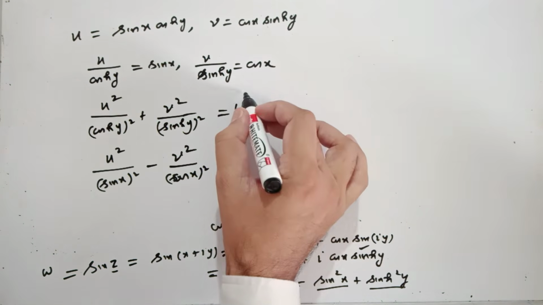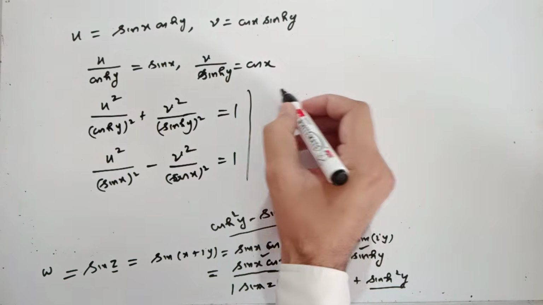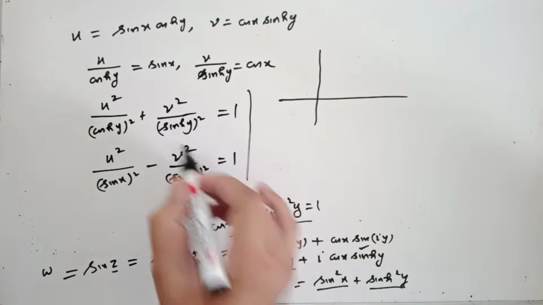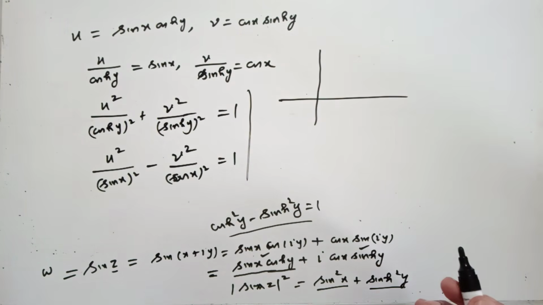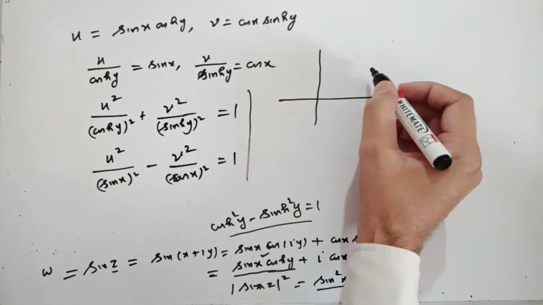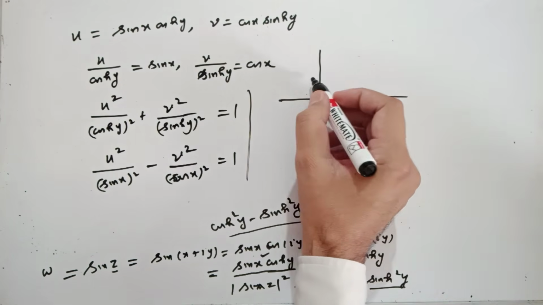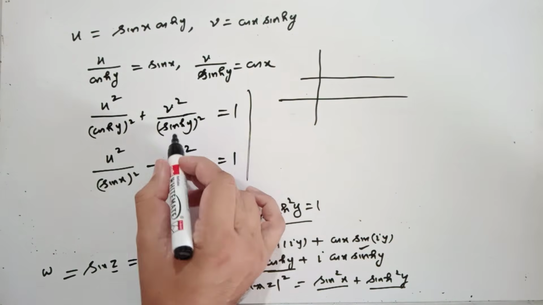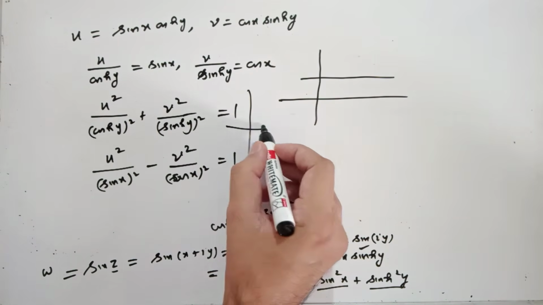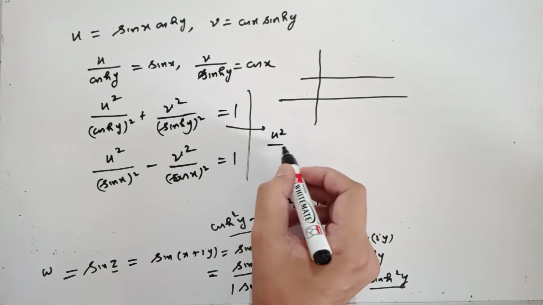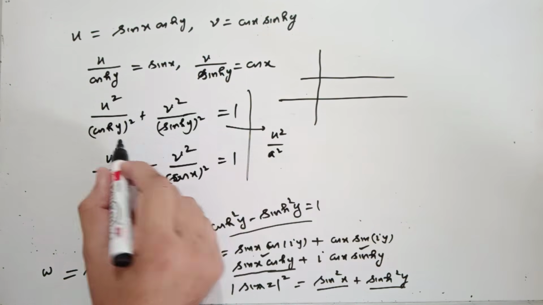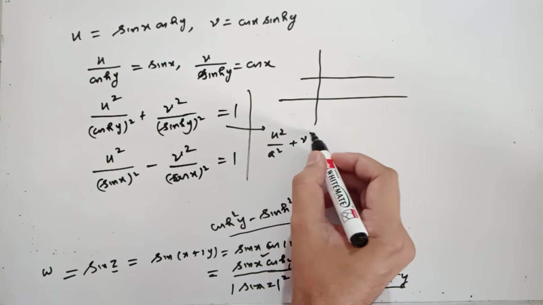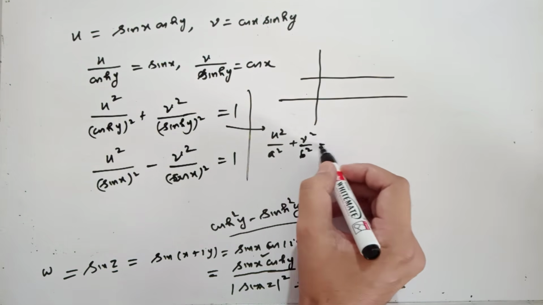Okay, what can I interpret from these two? See, in the xy plane, what is y equal to constant? Y equal to constant is a line parallel to the x-axis. But from this, if y is constant, what is it? u square over some constant, because when y is constant, cos hyperbolic y is constant, plus v square over some constant whole square equal to 1.